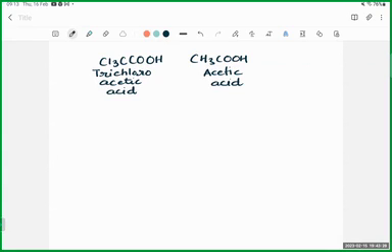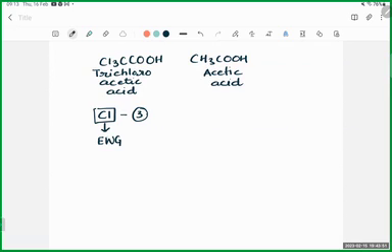Here the Cl group is present in more numbers, correct? How many? Three. And what is the nature of Cl? It's an electron withdrawing group. Today I will send you notes immediately after the class.